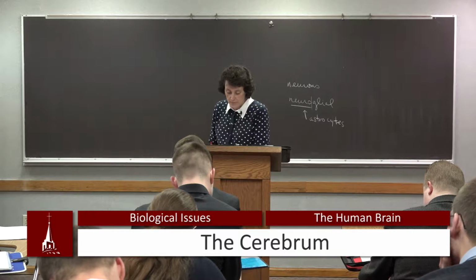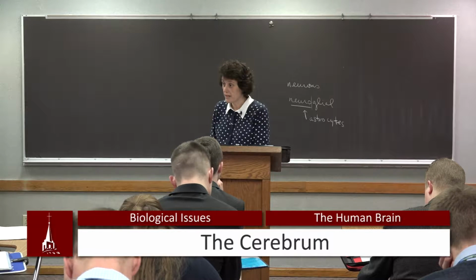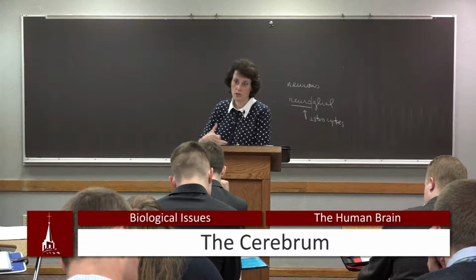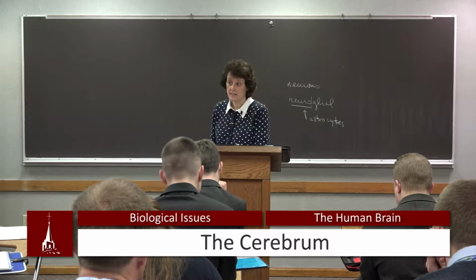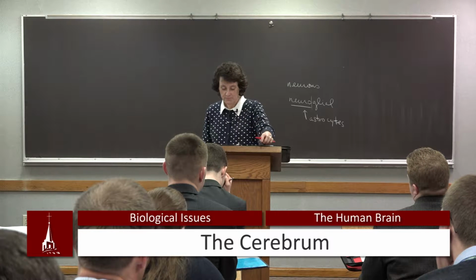Then the gray matter is exterior. It's in the cerebral cortex. That's where the functioning takes place. So if we're talking about brain damage, we're talking about the mind, we're talking about the cerebral cortex, would be the more exact location.